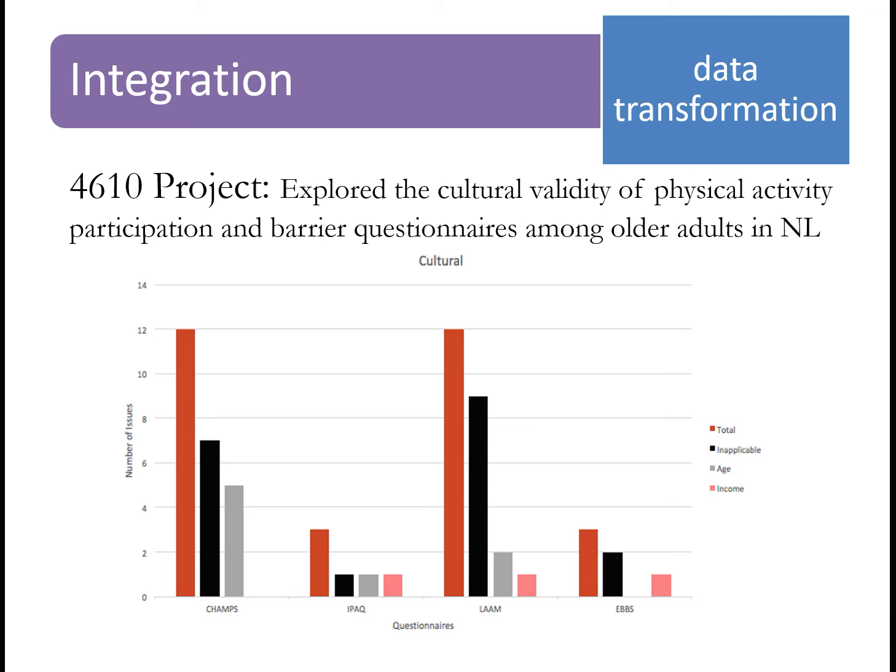income. So what these students did was they had the participants fill out each of these different questionnaires: CHAMPS, IPAC, LAAM, and EBBS. That's a barrier scale. They basically recorded the older adult while they were completing them, so that we could get all their mumblings, or they might say, oh, I can't answer this question.